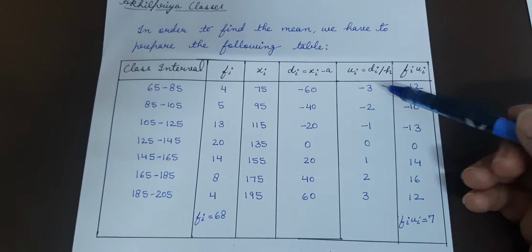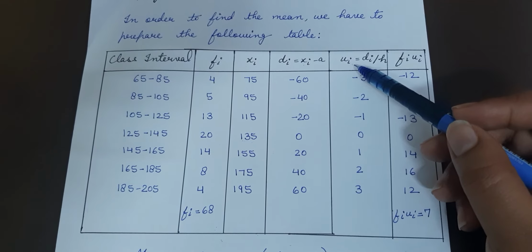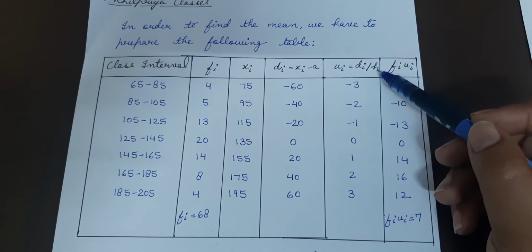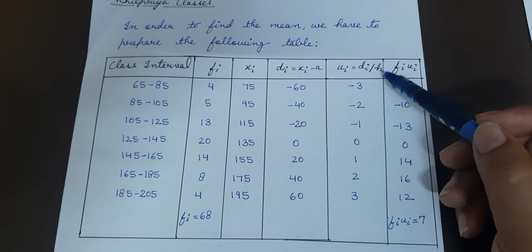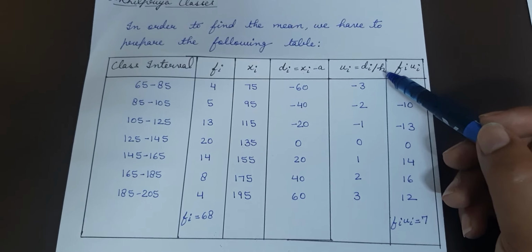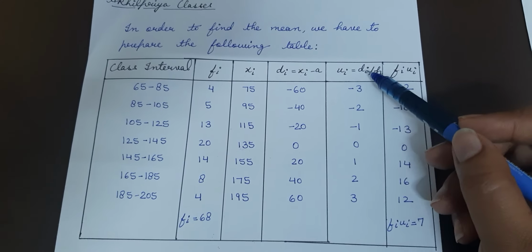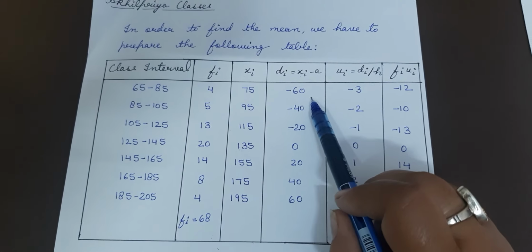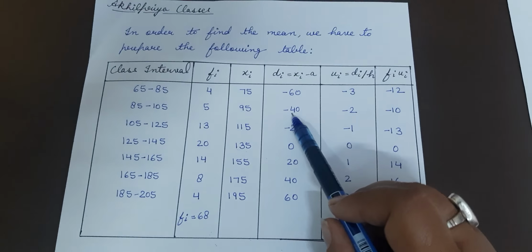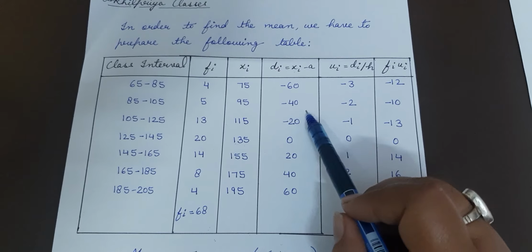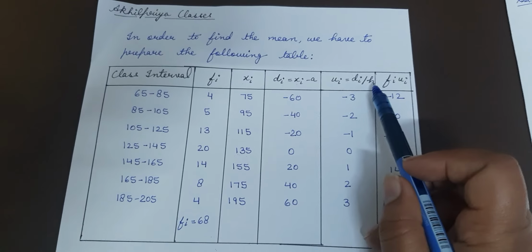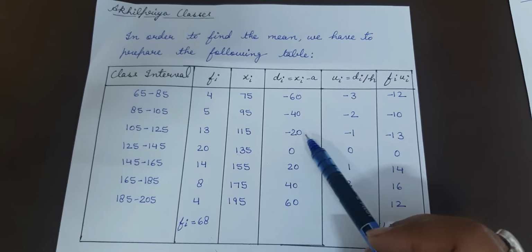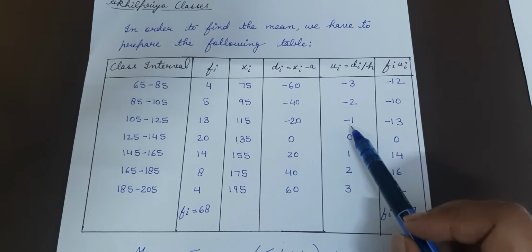Now from this we calculate the value of ui, which is equal to di upon h, where h is the width of our classes, which we discussed earlier comes out to be 20. So minus 60 divided by 20 is equal to minus 3, minus 40 divided by 20 is minus 2, and minus 20 divided by 20 comes out to be minus 1. Why have I taken 20? Because the width of our class is 20.